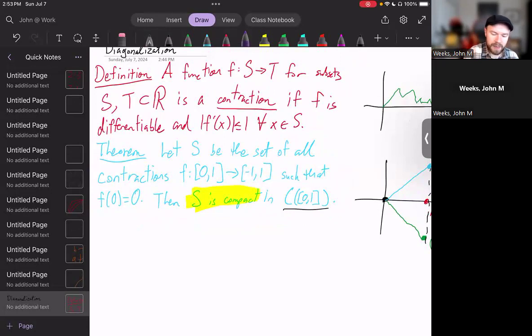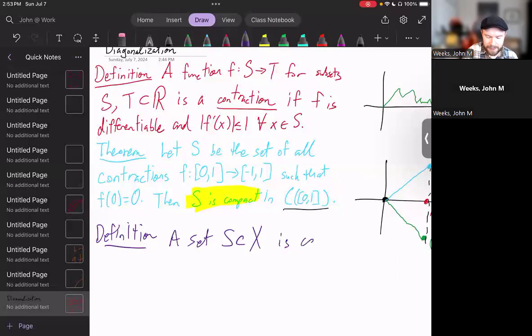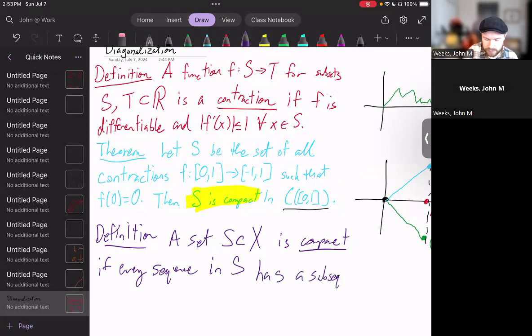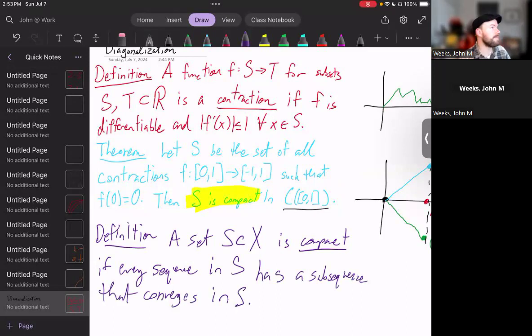Let's recall what we're using here as our definition of compact. We say that a set S, a subset of a metric space X, is compact if every sequence in S, and by in S we mean with elements inside of the set S, has a subsequence that converges in S. So let's think about this for a second.